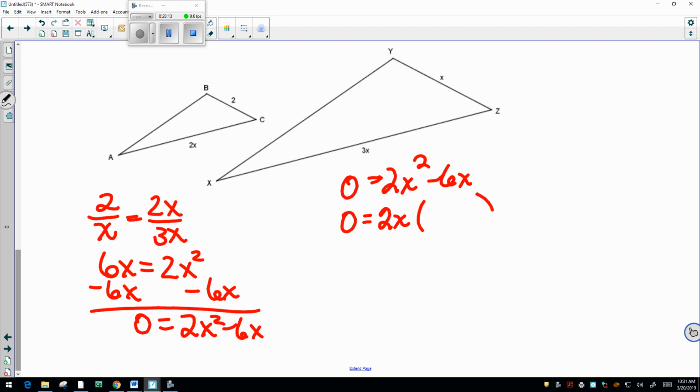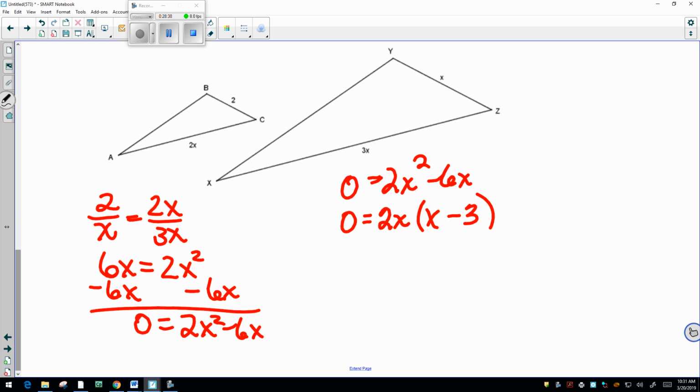And then I'm going to give myself a factor, and I'm going to say, okay, 2x times what gets me 2x squared? X. Good. Okay. 2x times what gets me negative 6x? Negative 3. Good. Okay. I know we haven't done this in a while, so some of this is a little rusty. What did we do from here?